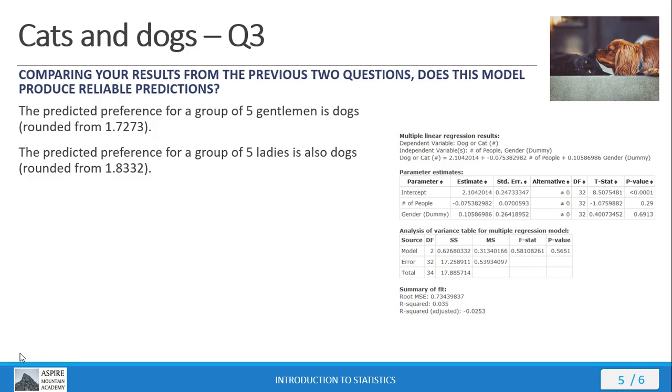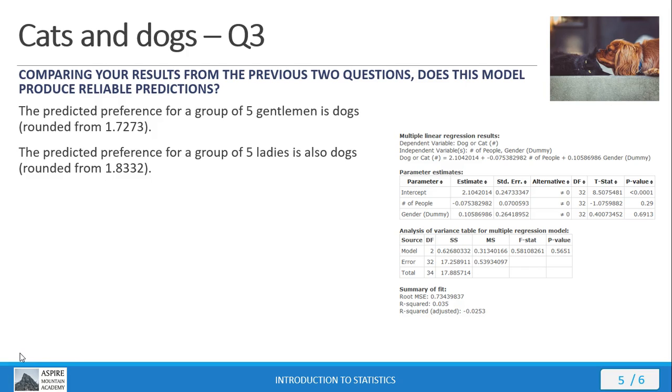If the group is composed of 5 ladies, then the prediction is also that those ladies will prefer dogs. So no matter what the gender of the group is, the prediction is going to be the same. It's going to predict that the group prefers dogs.